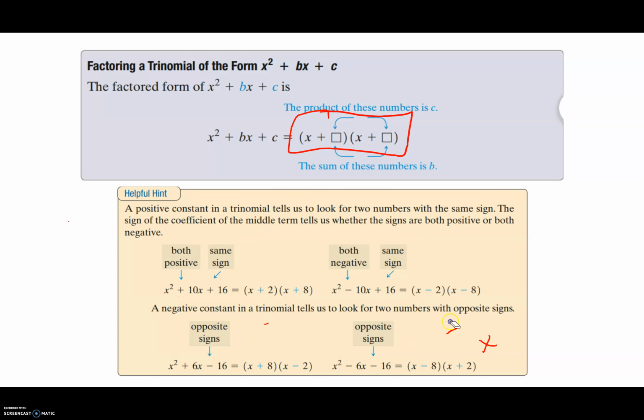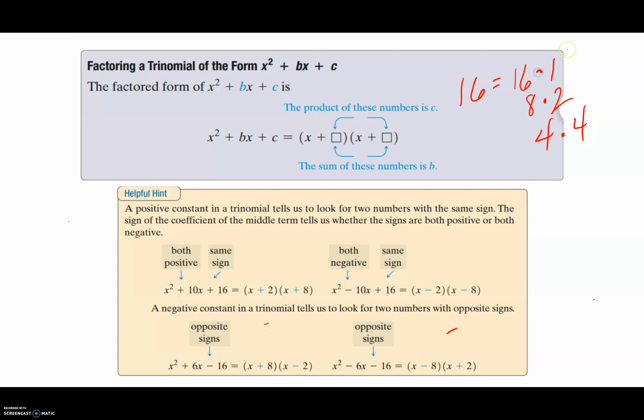Once you have that set up, then you have to think about the factors of whatever c is. Now, c, you can see here is 16. Factors for 16 could be 16 times 1, or 8 times 2, or 4 times 4.